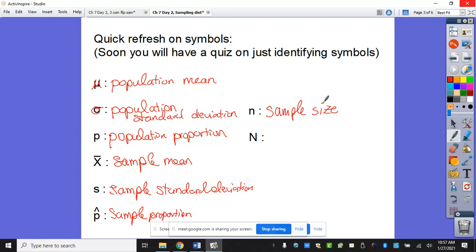And sometimes we say trials. That's the same thing. But I write it this way because it's easy to write it as population size and sample size. Number of trials in the sample and number of trials in the population is technically fine.